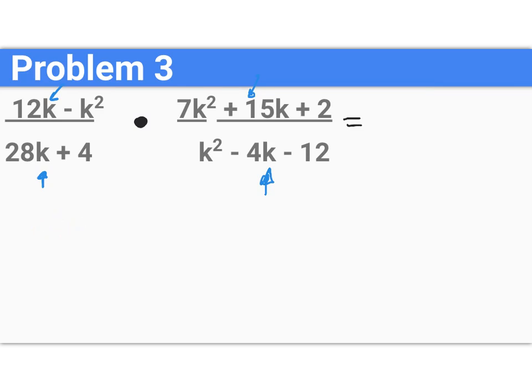Because watch what I do. Before, in the last video, I took negatives out. So I'm going to take a negative K out. And that will give me positive K minus 12. So I took a negative out, and then I rearranged things.